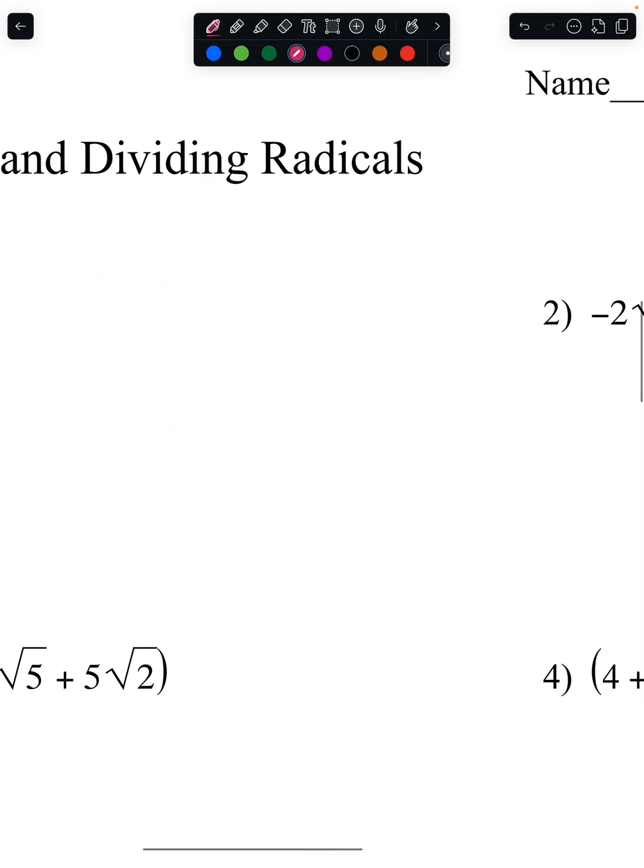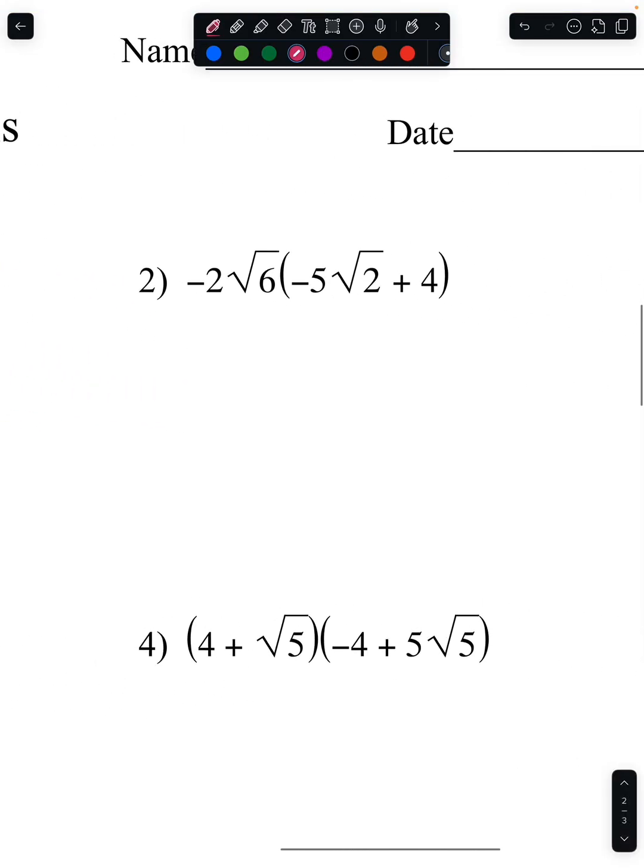Okay, let's do another one. Let's do this one over here. Excuse me. So now we have some outside numbers, and let's go ahead and do this. So I got to multiply my outside numbers. Negative 2 times negative 5 is a positive 10. And then I got to multiply my inside numbers.